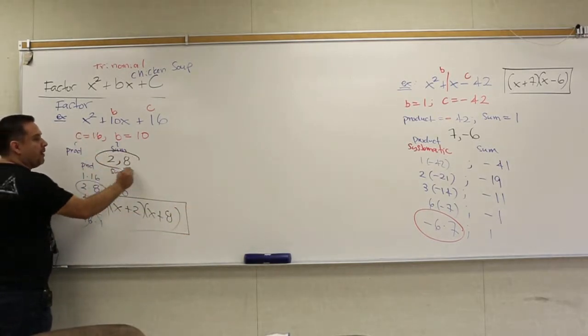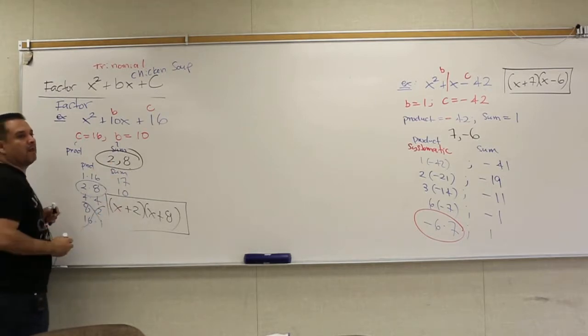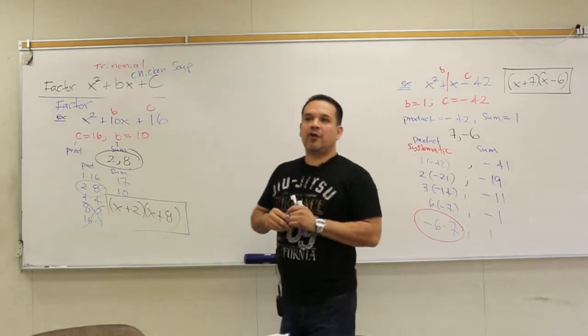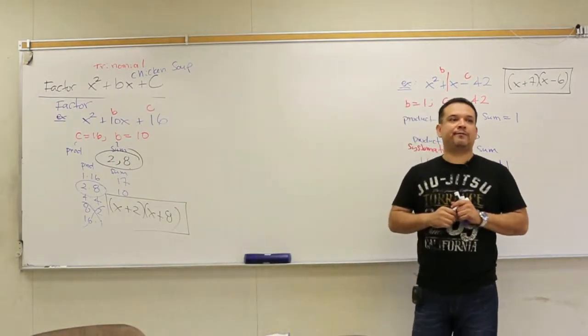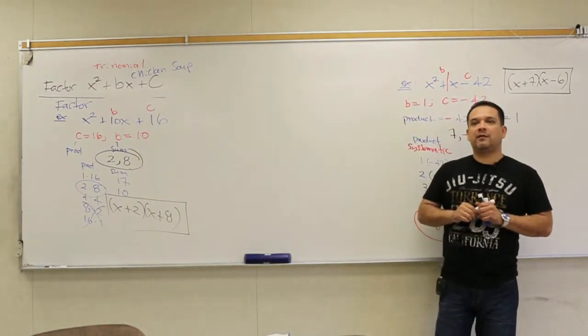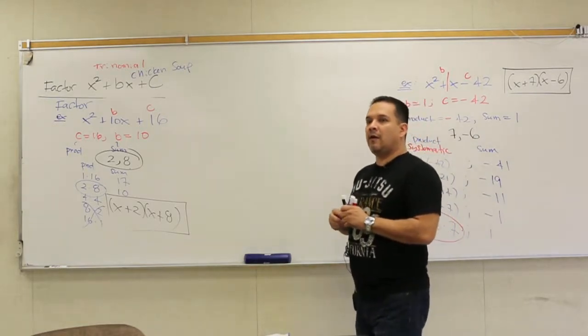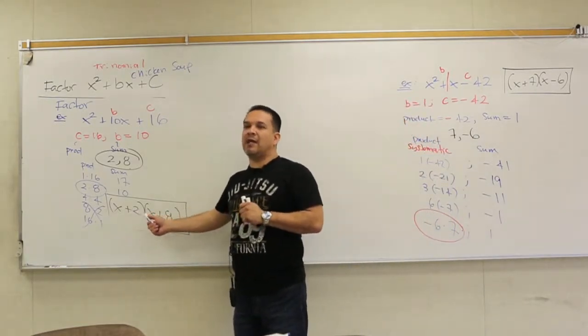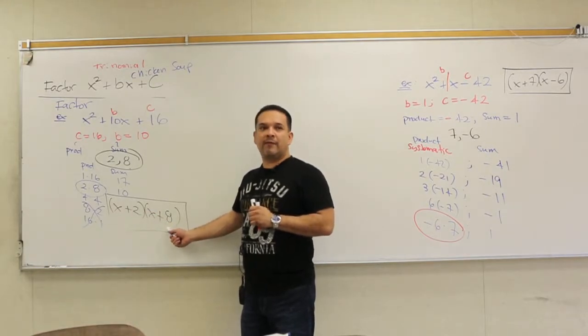You're going to use the pair of numbers. This is step 3. Chicken soup. Doesn't matter. Could you put x plus 8 times x plus 2? Yeah, that'd be fine.